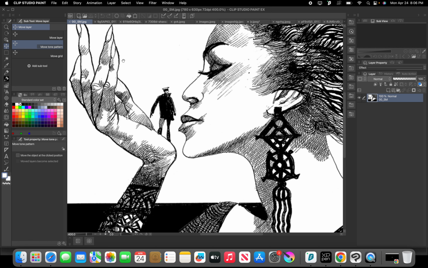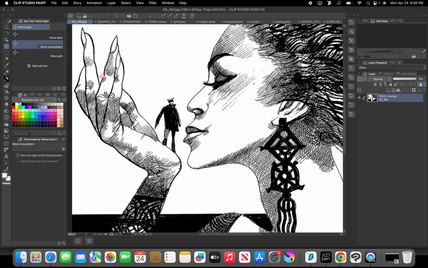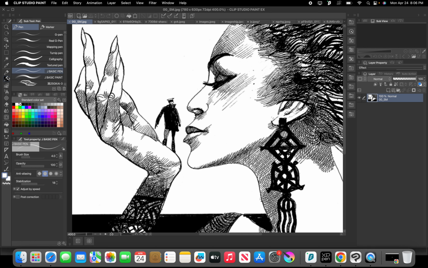And then obviously we see a lot more of these cross contours in the hand, right? The cross contours just mean that he's taken the pen and he's going one way with it, and then in order to suggest that the form is churning, almost like a round shape, he's got other lines going the other way. So we see a lot of diagonal lines, and this works really well because these diagonal lines are pointing us towards the figure, right?